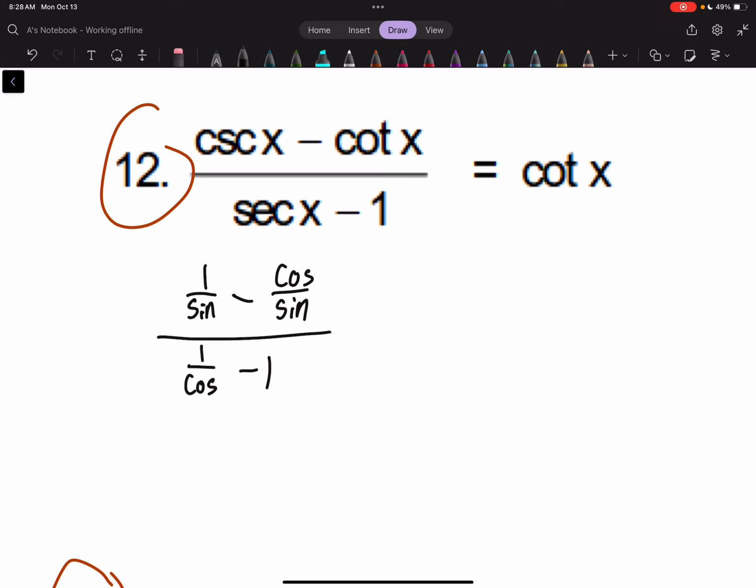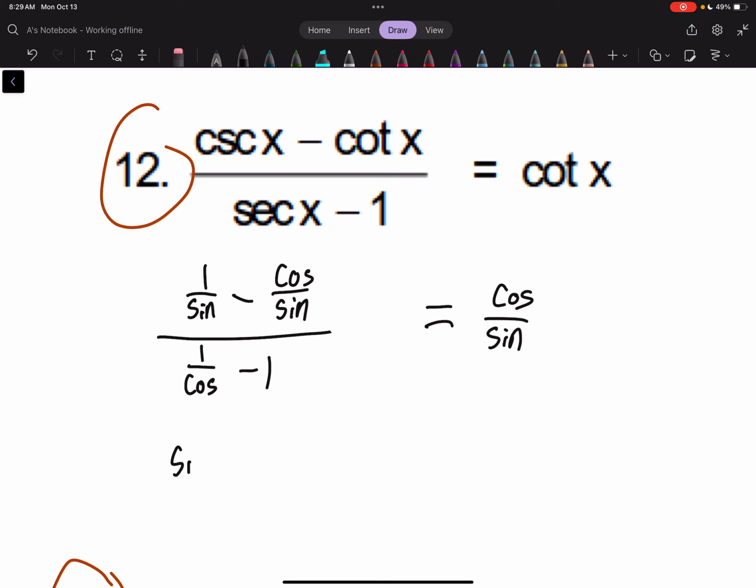Now, if I keep trying to do these trig properties to get cotangent, it can become very difficult pretty quickly. Instead, I'm going to drop down this equal sign, and cotangent is cosine over sine. Now from here, I'm going to divide by cosine on both sides and multiply by sine.